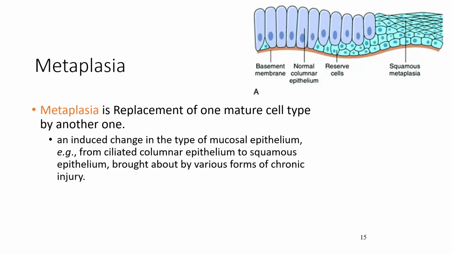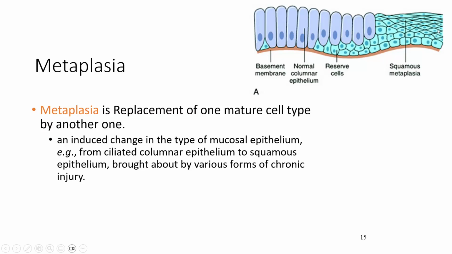Metaplasia. Metaplasia is the replacement of one mature cell type by another one. An induced change in the type of mucosal epithelium, for example from ciliated columnar epithelium to squamous epithelium, brought about by various forms of chronic injury. So if you have chronic injury, eventually the cells would convert to squamous cells.